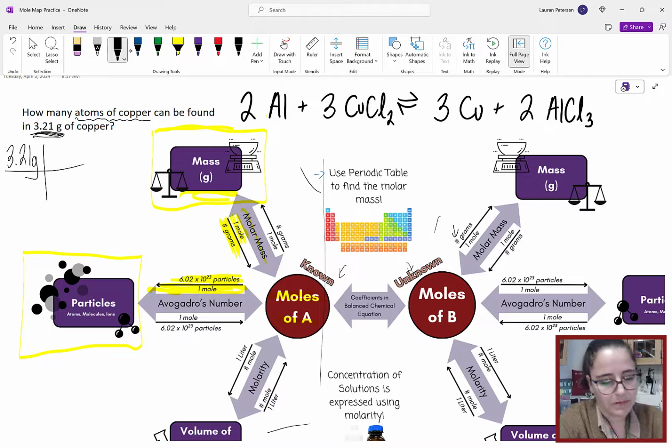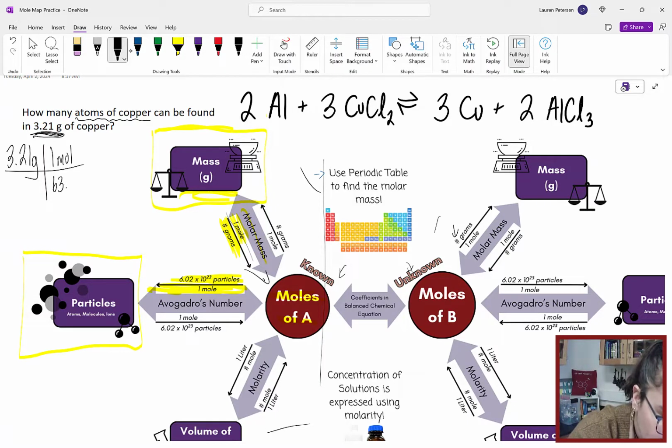We're going to use the molar mass, and we're going in this direction to moles. So it's 1 mole over the number of grams, which is the molar mass of copper. We already found that. It's 63.55 grams. And then we'll use Avogadro's number going in that direction, which is 1 mole is 6.02 times 10 to the 23rd particles.